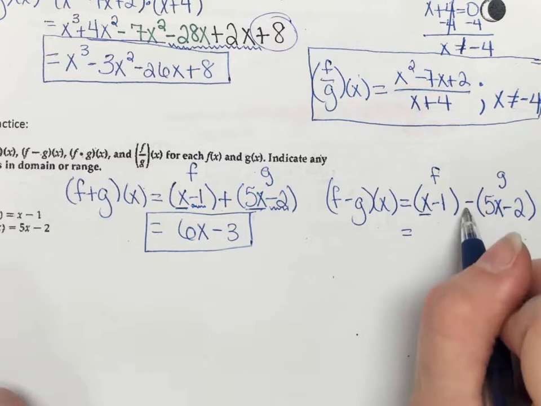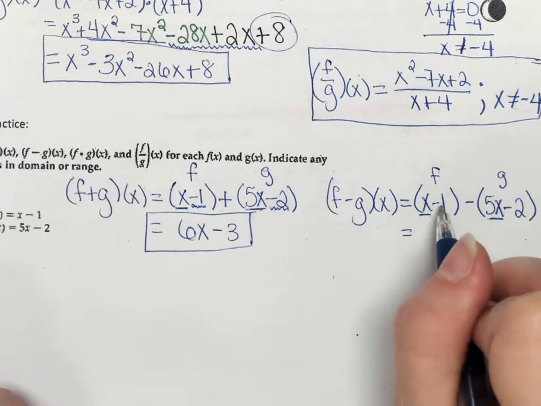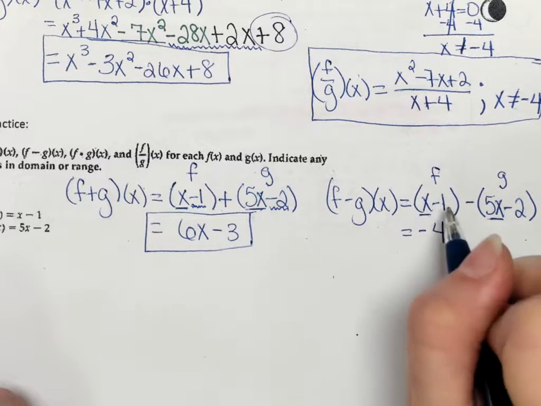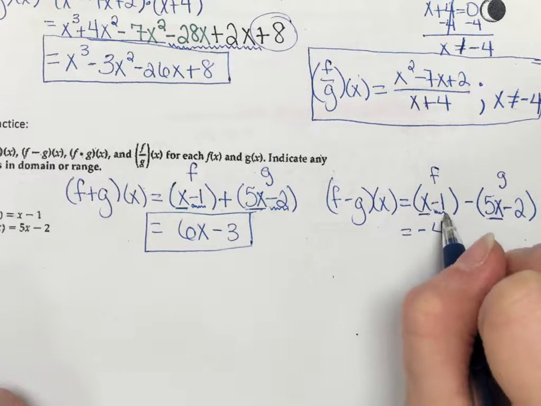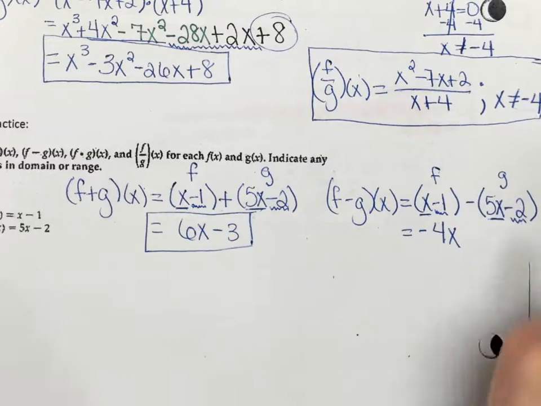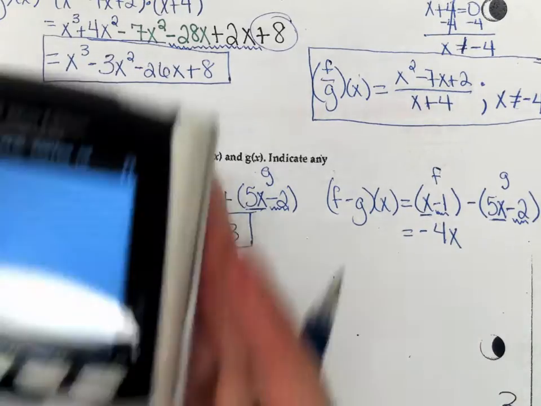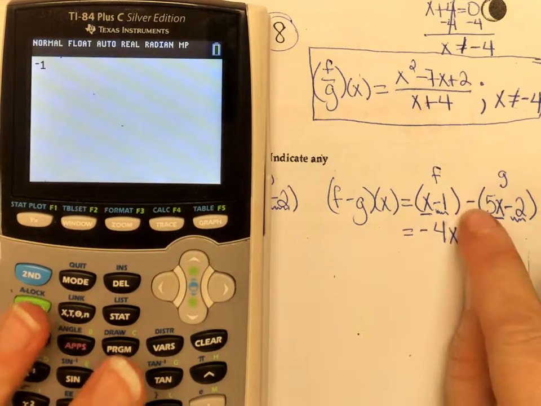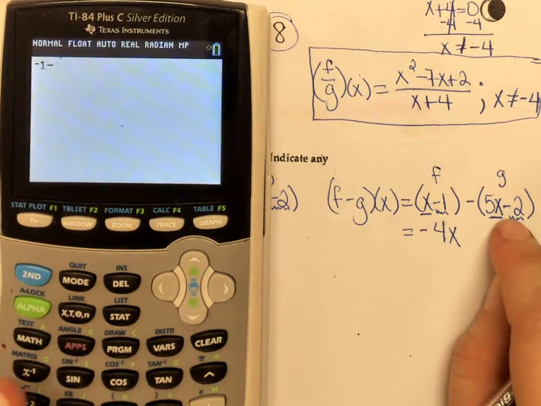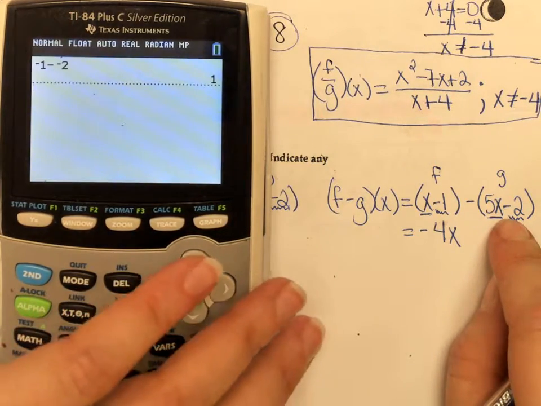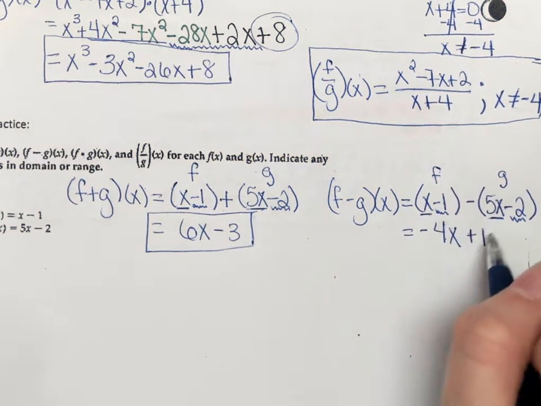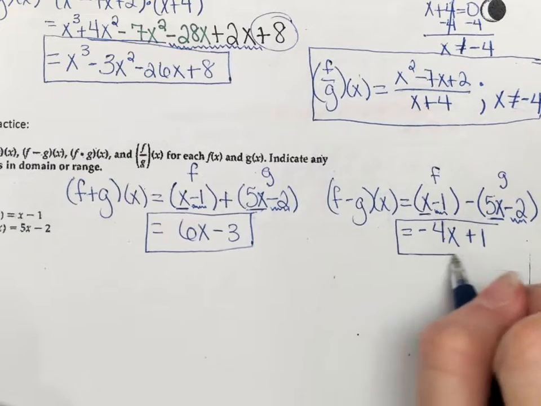You got x minus 5x, which is 1 minus 5, which is negative 4x. Then you have negative 1 minus negative 2. So guys, look, use your stinking calculator. You ready? Negative 1 subtract negative 2. And it gives you positive 1, okay? So you're going to put negative 4x plus 1.